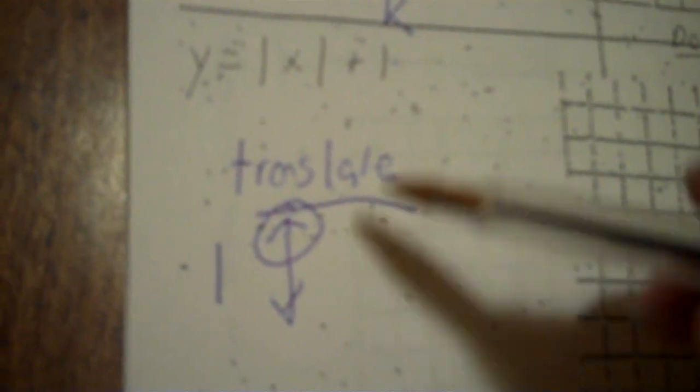In this case it would go up because it's plus 1. K values go up and down, just what it says. If it was minus 1, I'd go down. So instead of plotting in the middle, we simply move everything up 1. Then 1, 1, 1, 1, 2, 2, 2, 2. And there's the new V.